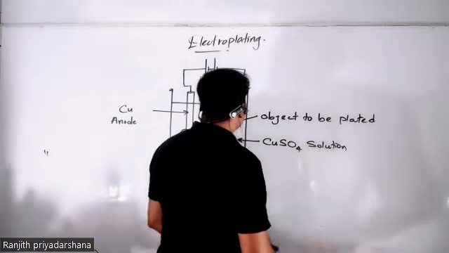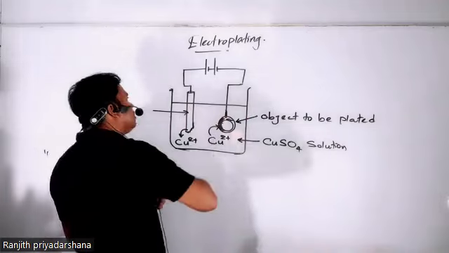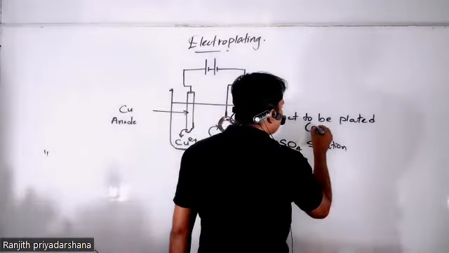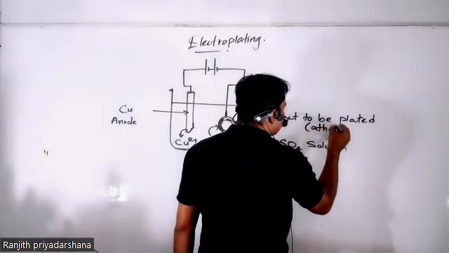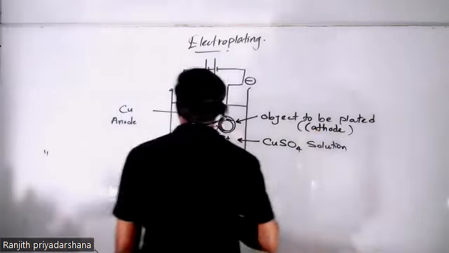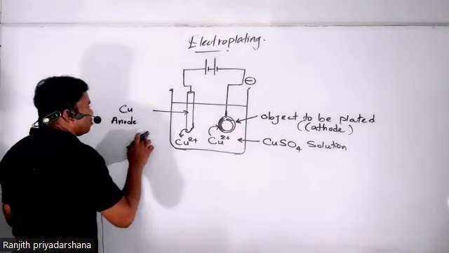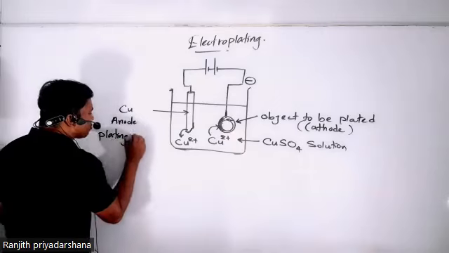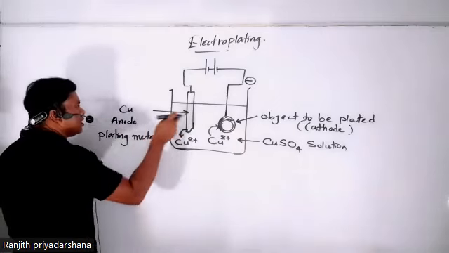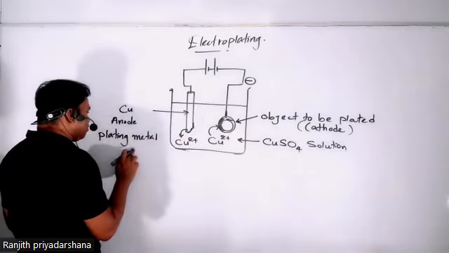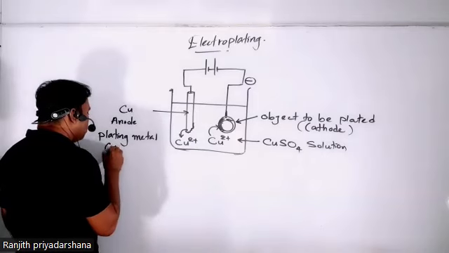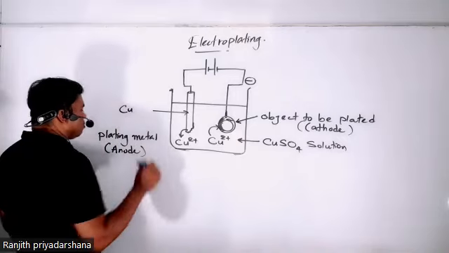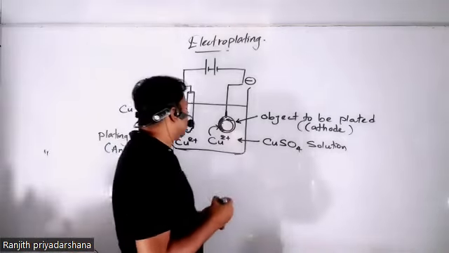So this is the object to be plated. We connect that as the cathode. This is the plating metal. We connect it as a rod or plate as the anode. Copper, right? Okay. Another thing in the solution.